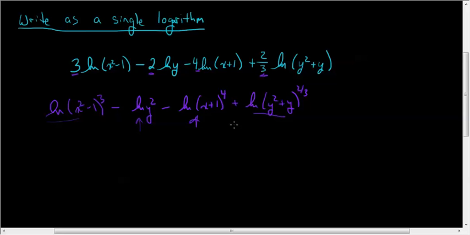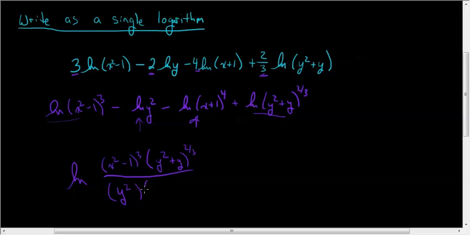So if I'm adding, they're multiplied, so this just becomes the natural log of x squared minus 1 cubed times y squared plus y to the 2/3, divided by, these are being subtracted, so now they're in the denominator, y squared times x plus 1 to the 4th.